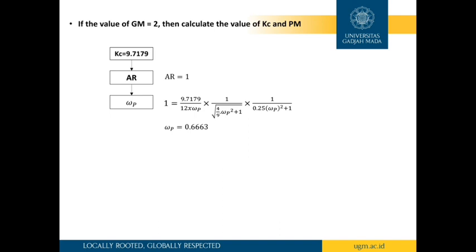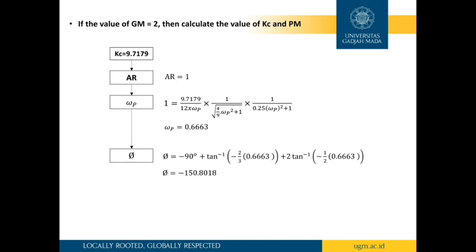With Kc equal to 9.7, the equation of AR will become 9.7 over 12 omega times 1 over the square root of 4 over 9 omega square plus 1 times 1 over 0.25 omega square plus 1. With AR equal to 1, we can get the value of omega P, which is 0.66.